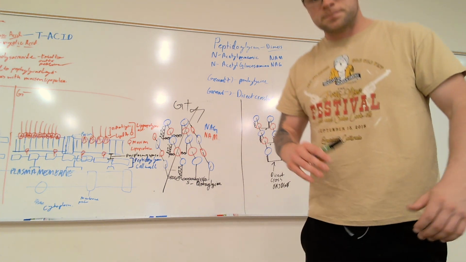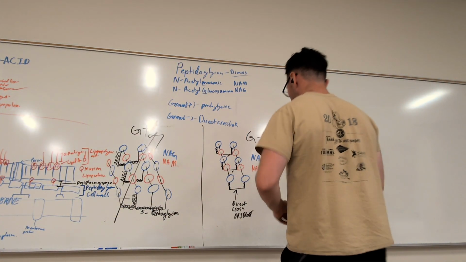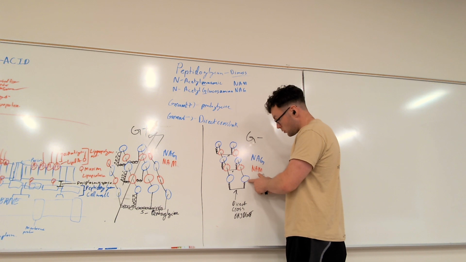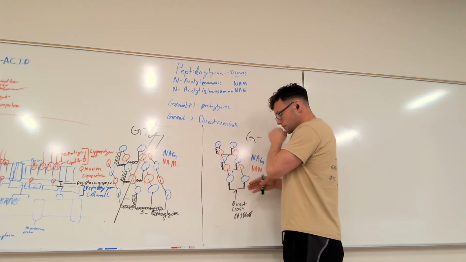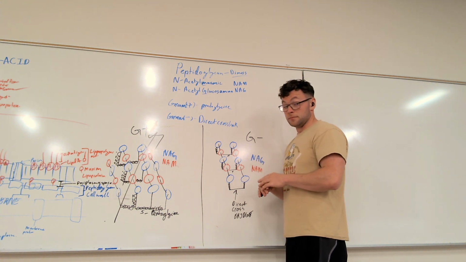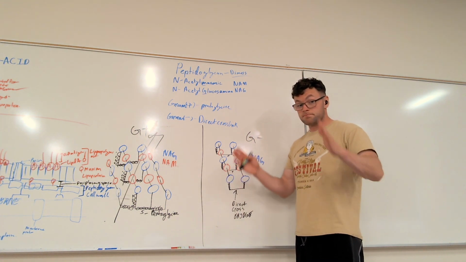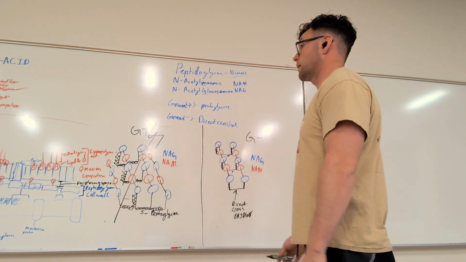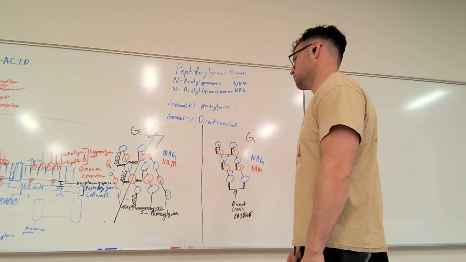Gram negative. You've got NAGs and NAMs. You've got those 4 protein structures that are holding the NAGs down onto the bridge. But now it's not a 5 protein bridge. It's a direct cross bridge. So it's close. And again, this time we would have, I don't know.